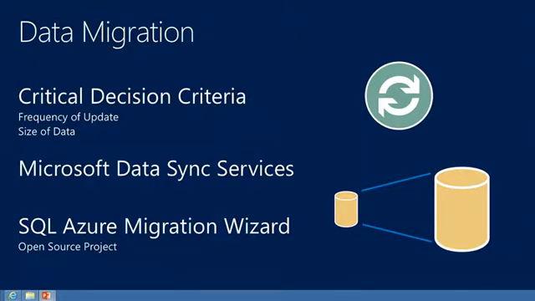Now, the process behind the Migration Wizard, or the open source project, it does a bulk upload. And it basically takes a snapshot of the table and then migrates it into the new environment that you want.